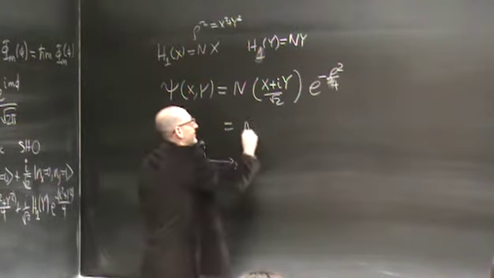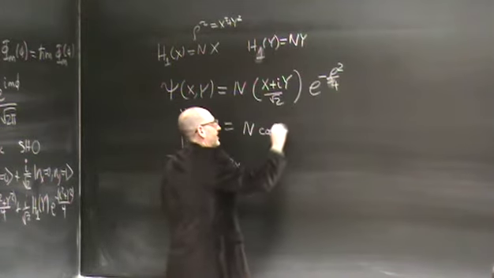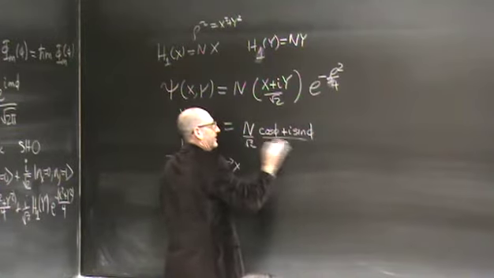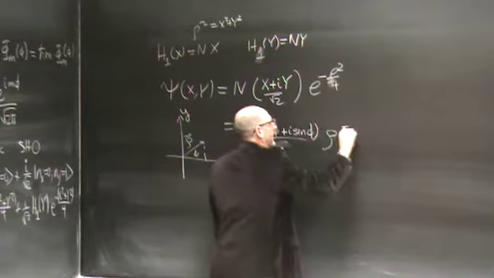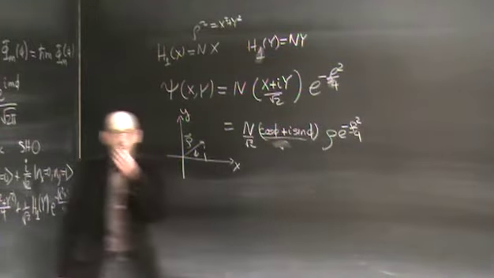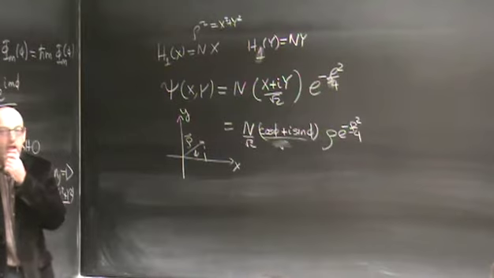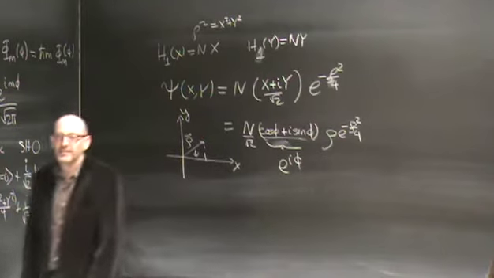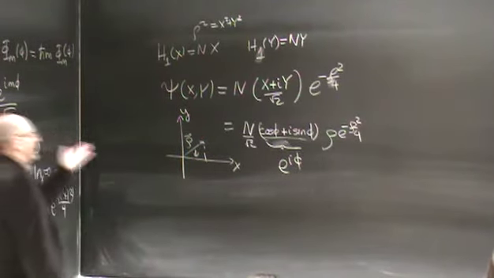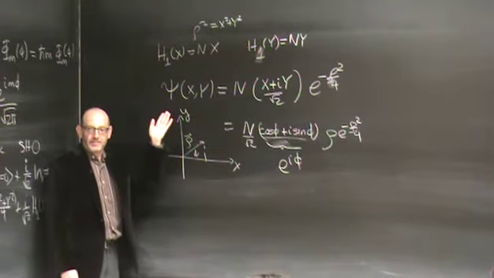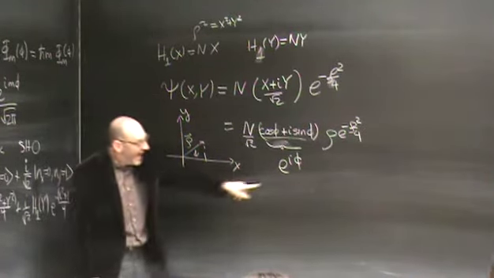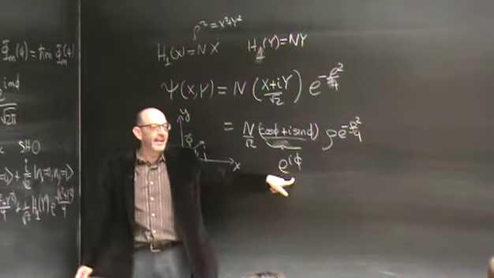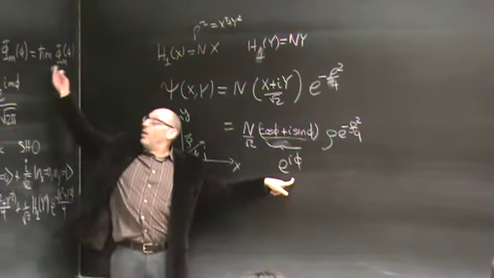Okay, so this is cos phi plus i sine phi, over root 2, times rho e to the minus rho squared over 4. And what's this? Well, that's e to the i phi. So this wave function is an eigenfunction of angular momentum, because we just said they are. And what is its eigenvalue? 1 h bar.